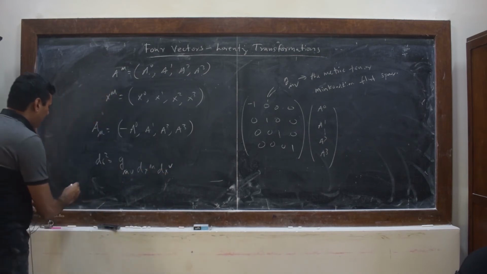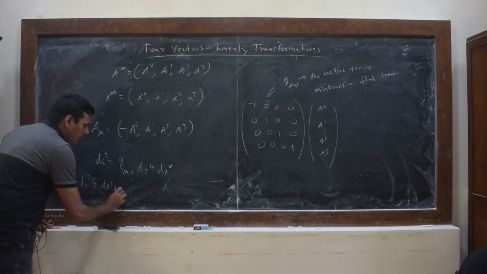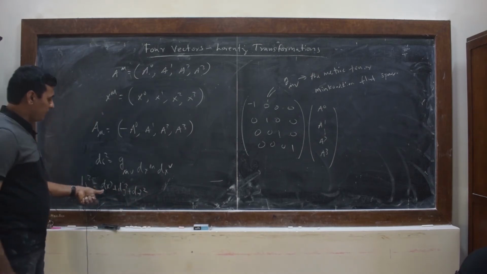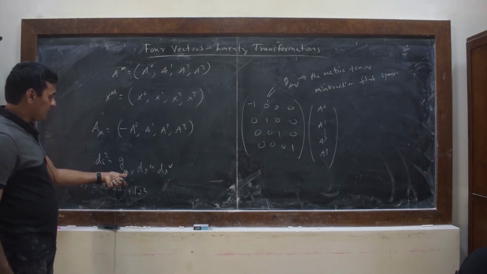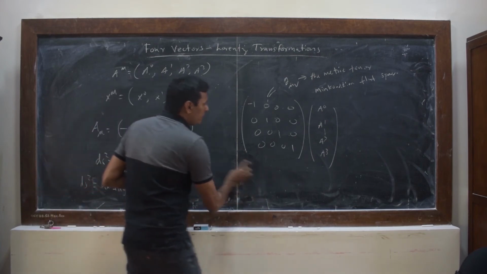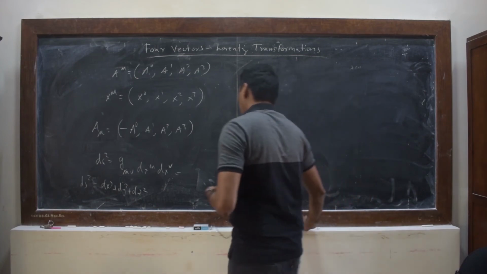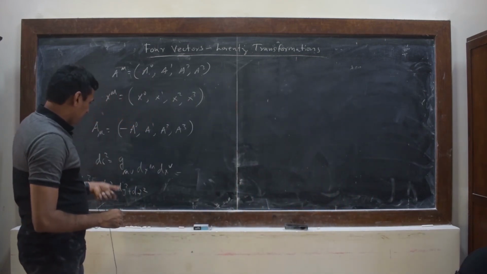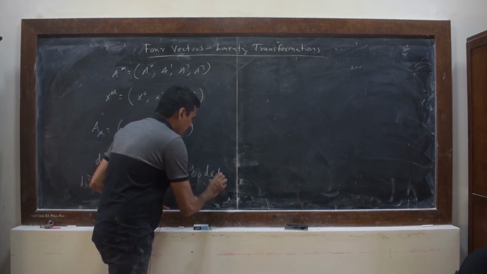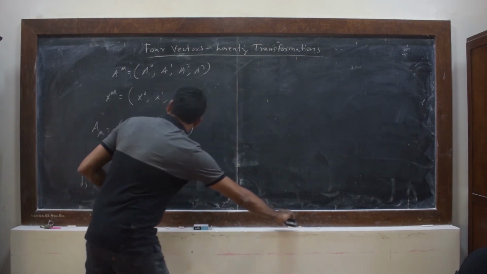If you look at the Cartesian space, you know that ds² is nothing but dx² + dy² + dz².